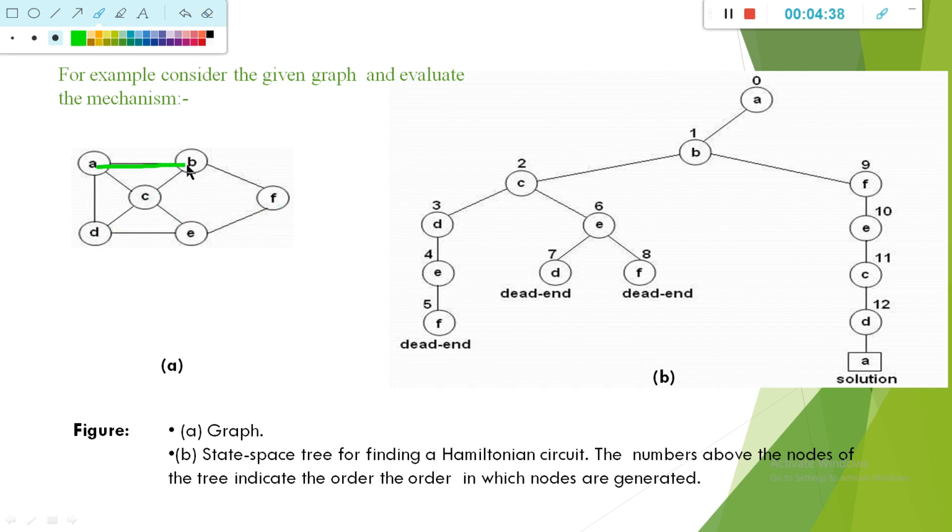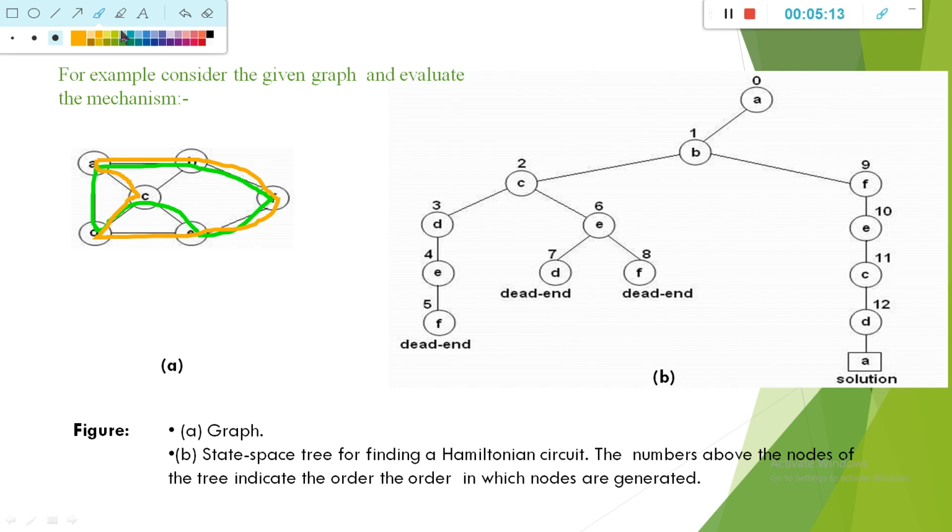That is A to B, then you go B to F, then F to E, E to C, then C to D, and then we can go back to A. This is a way of finding the Hamiltonian cycle. Or you can go another way: A to B, then B to F, F to E, E to D, D to C, and C to A. This is another cycle we can find.